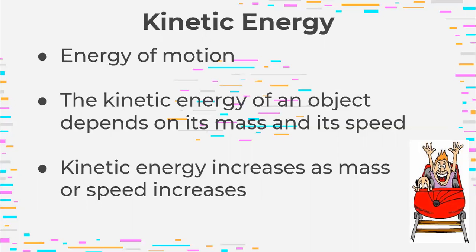What if you have something that has a lot of mass and a lot of speed? Well, that would be like the Apollo missions, the Apollo rockets or the Saturn V rocket, the Apollo missions that went to the moon. They had a huge amount of mass, an incredible amount of mass, and they had an incredible amount of speed.